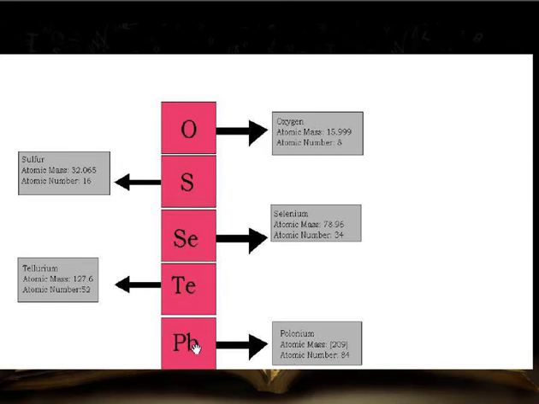Oxygen has atomic number 8 and atomic mass 15.99. Sulfur has atomic number 16 and atomic mass 32 point something. Selenium has atomic number 34 and atomic mass 28.96. This is not obvious, it is just an exception.